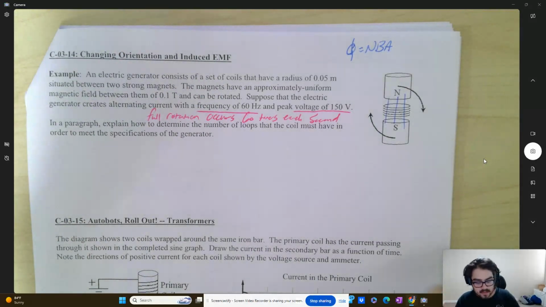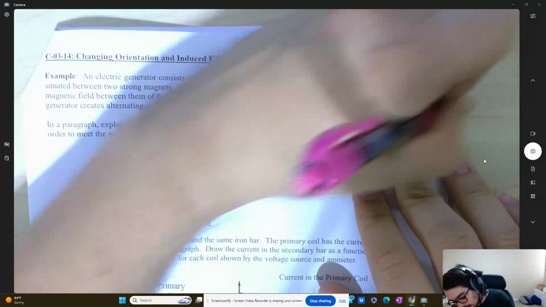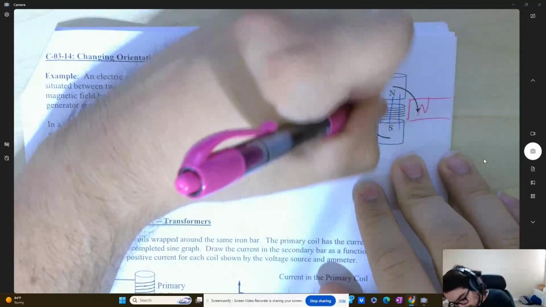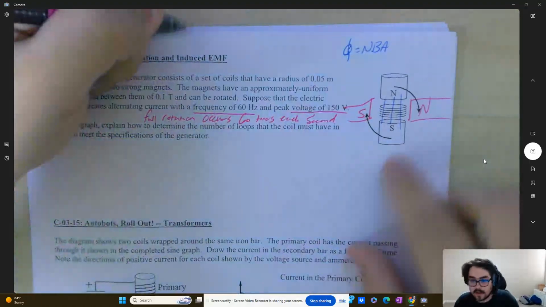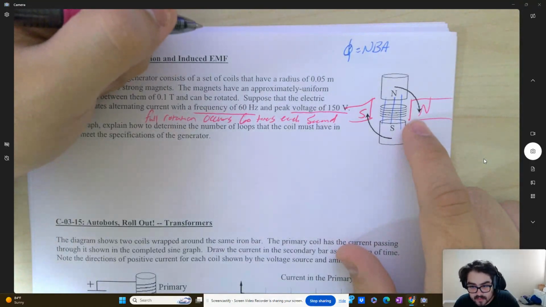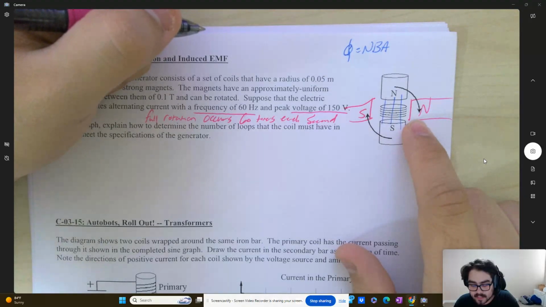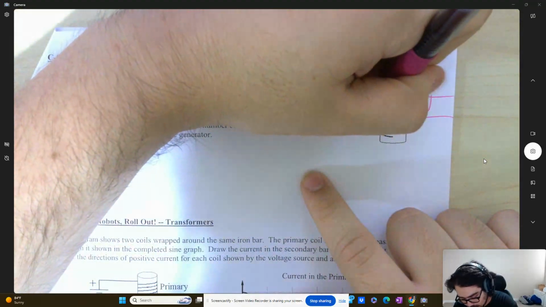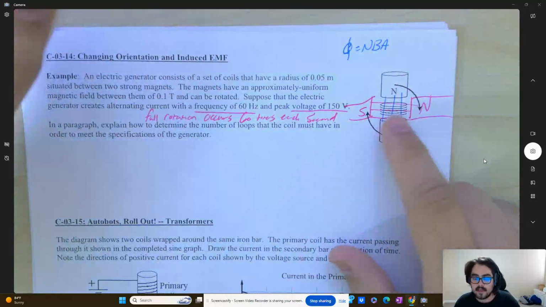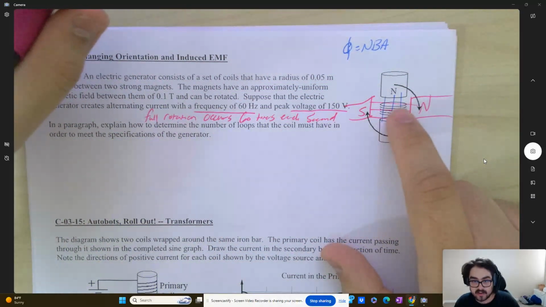However, when they rotate, there's a point where they're going to look like this. When they rotate like this, the magnetic field lines are going this way, and they are going to be perpendicular to the area vector.